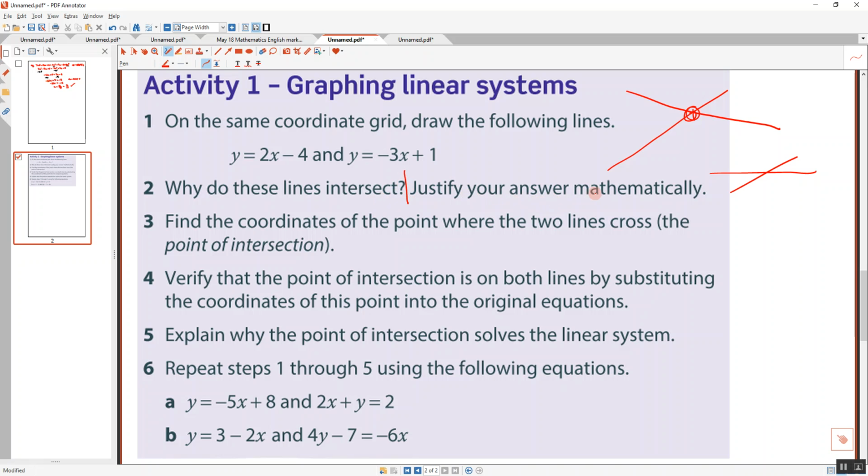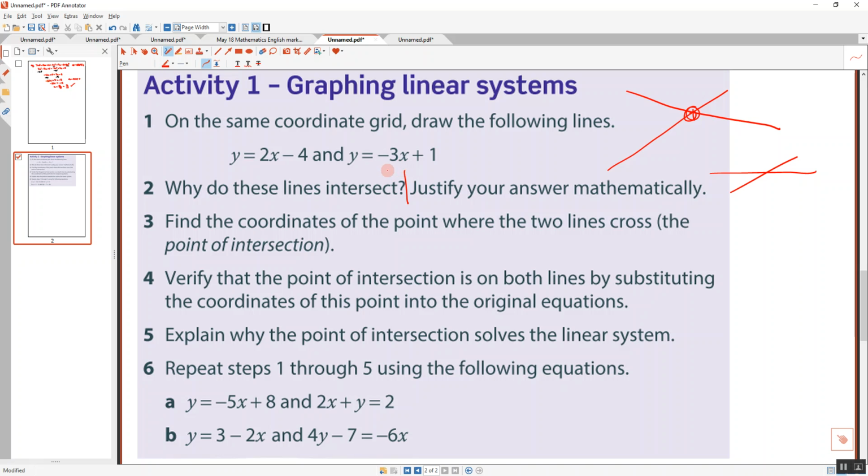To justify it mathematically, we would then start to talk about gradient, and we would say, what? Again, it's nothing too complicated, Sienna? Because one of the gradients is positive and one of them isn't. Right, one of the gradients is positive, so the line is sloping up. The other gradient is negative, which indicates the line is sloping down.